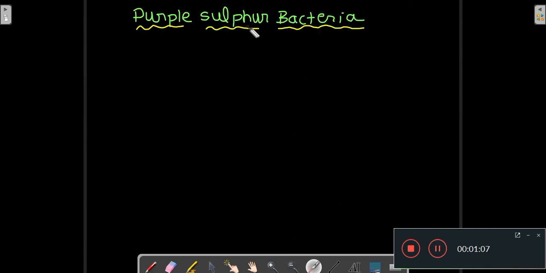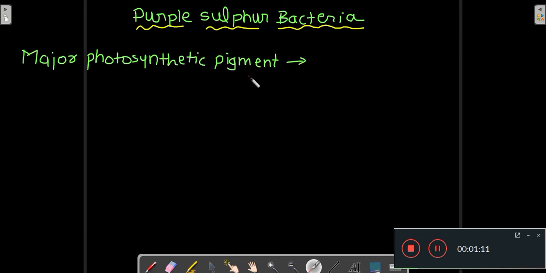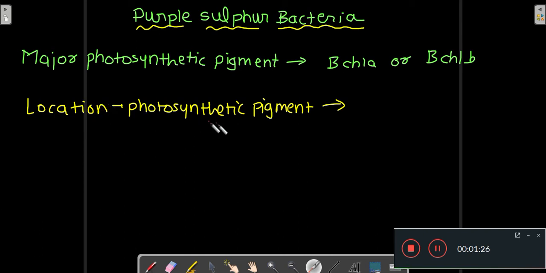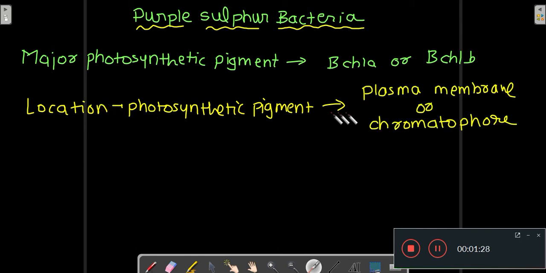So let's start with purple sulfur bacteria. In purple sulfur bacteria, the major photosynthetic pigment is bacteriochlorophyll A or bacteriochlorophyll B. The location of this photosynthetic pigment is either plasma membrane or chromatophore.